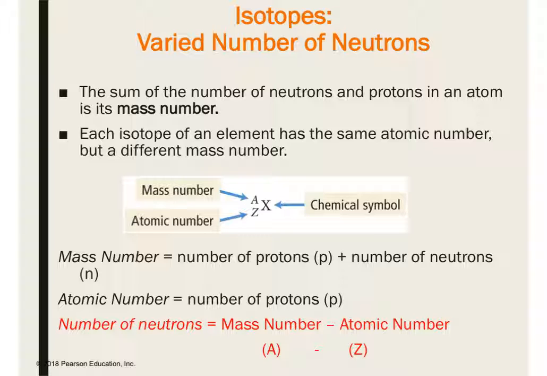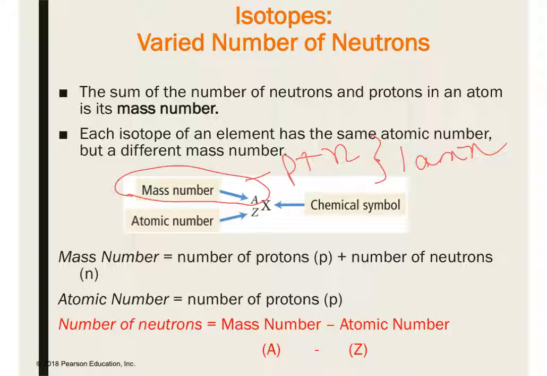The mass number is the protons and neutrons added together. That's because, if you remember, protons and neutrons both have a mass of about 1 atomic mass unit, and the mass of electrons is negligible. So the mass number comes from the protons and neutrons, the nucleus.